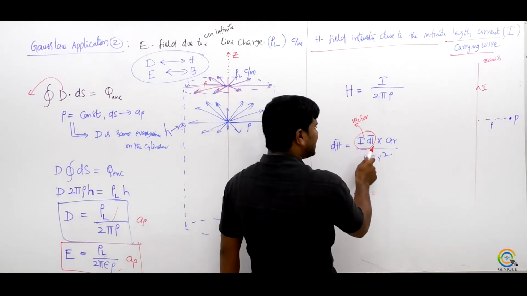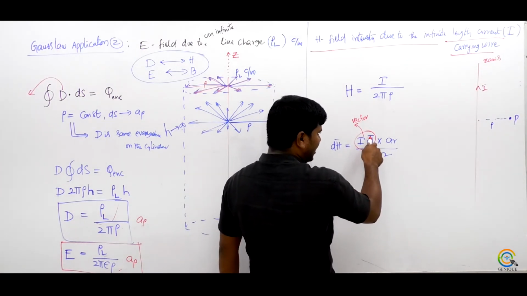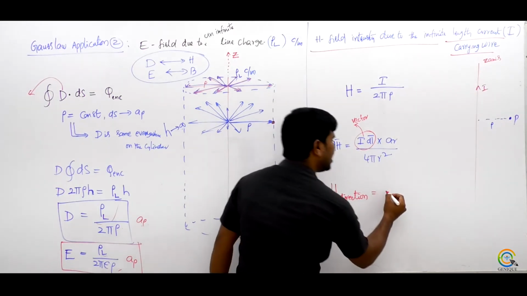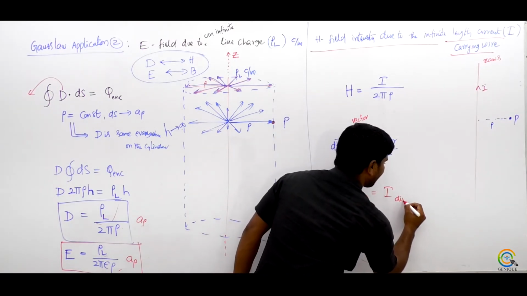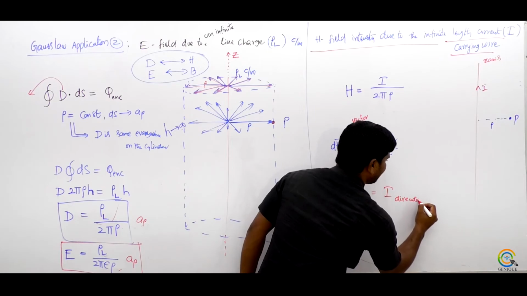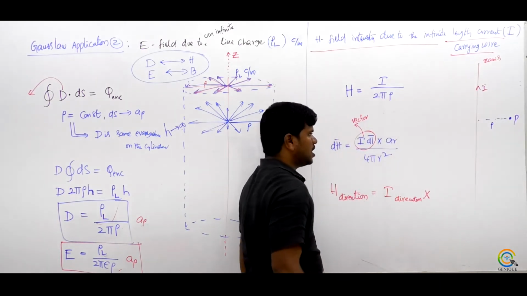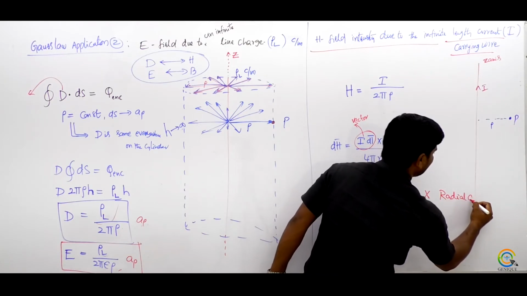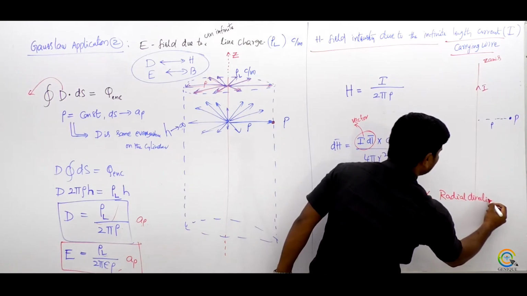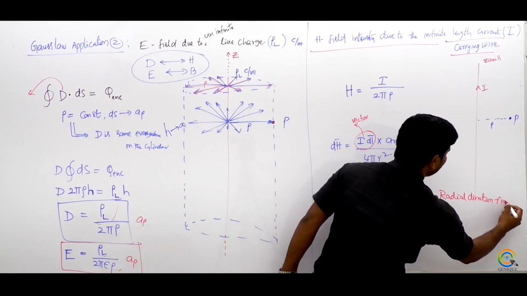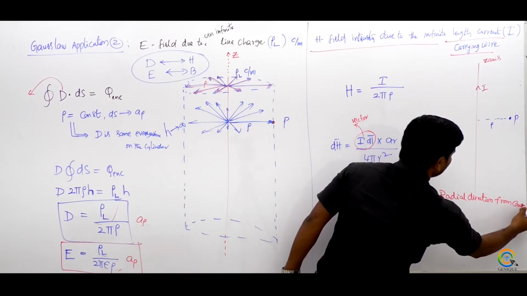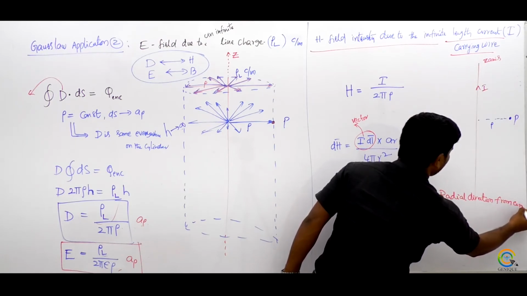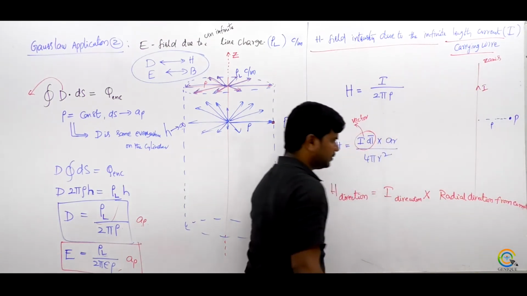So what is the direction? dL direction is nothing but the current direction. Current direction cross the radial direction from the current.